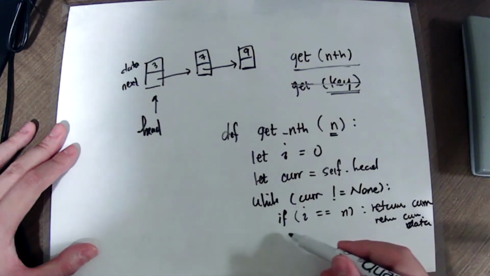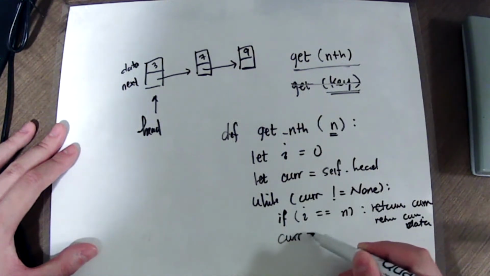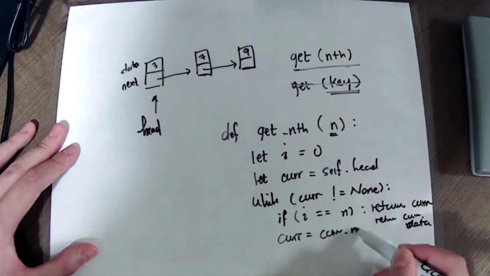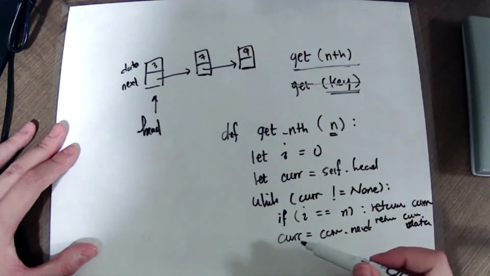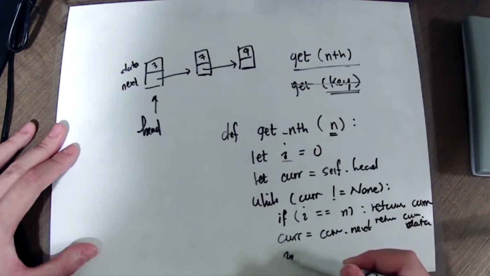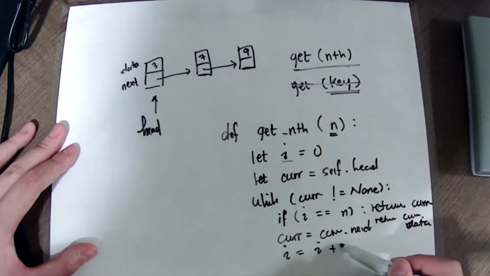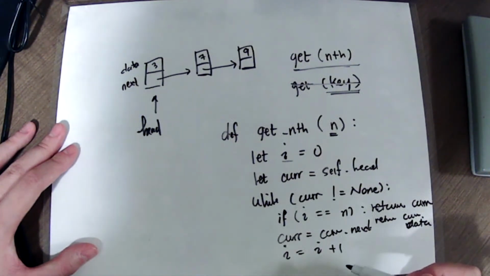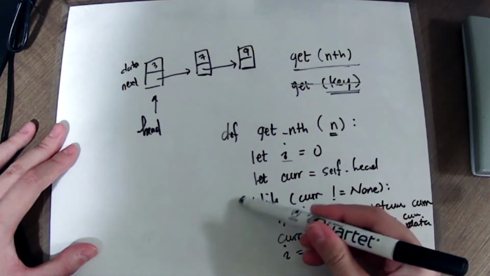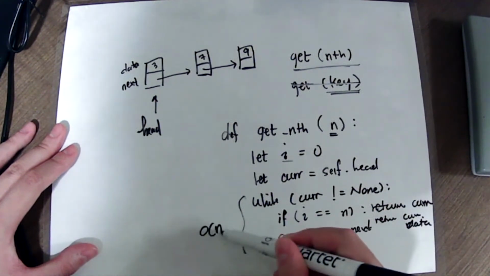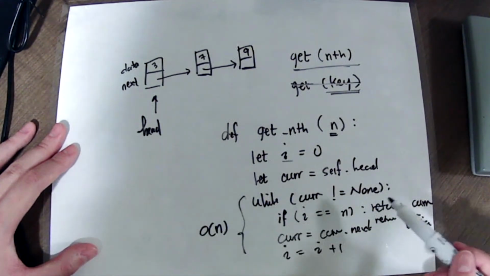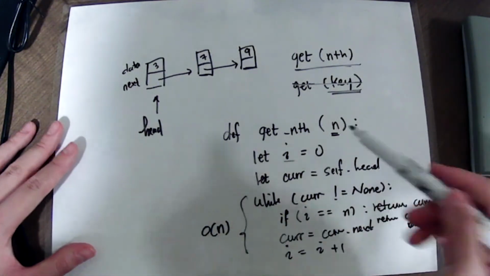If this is not the case, we just move to cur.next, and we also need to increment this i value. So the runtime here is definitely O of n, because we basically need to iterate until we find this nth element.